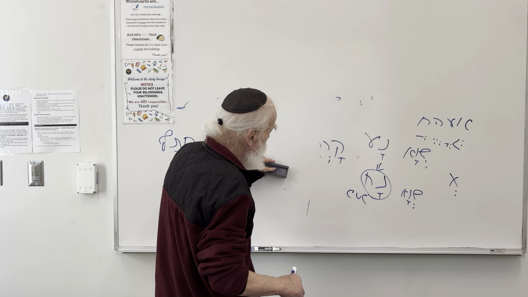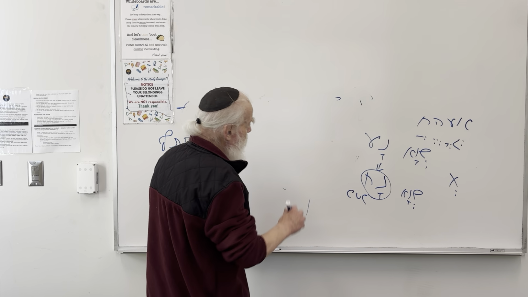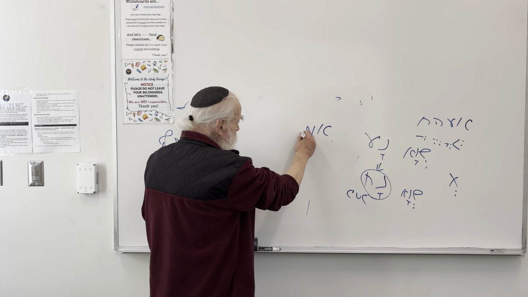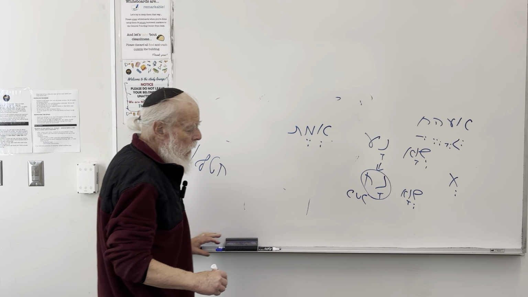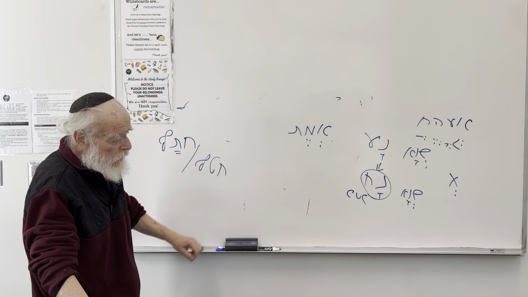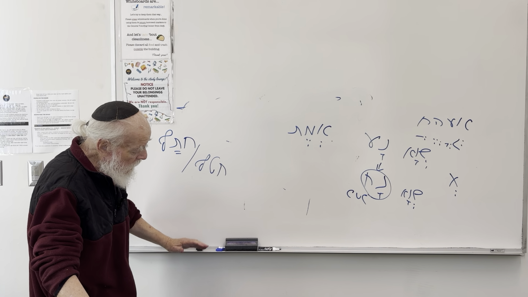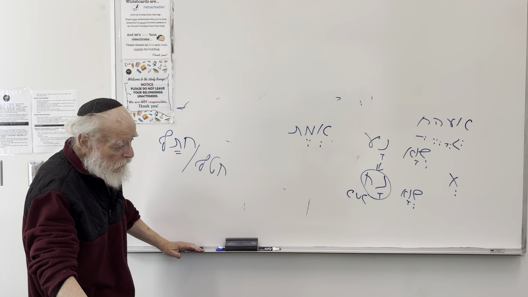The word emet probably originated like this. A shvana underneath the aleph. The aleph is a laryngeal letter. A laryngeal letter cannot take a shvana.